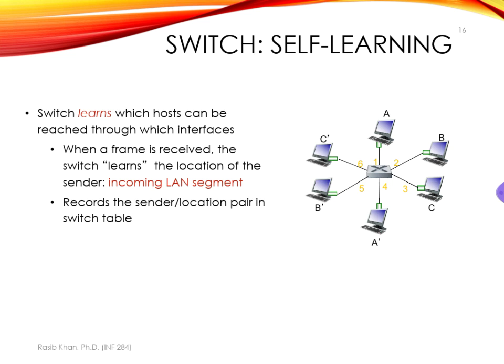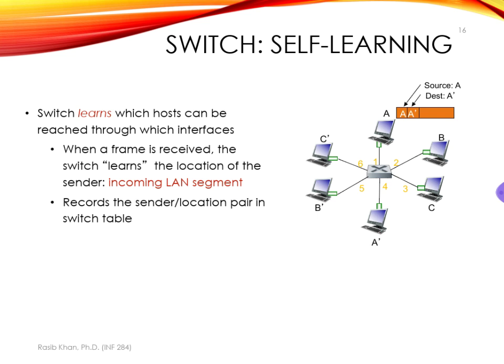The idea is that the switch learns which hosts can be reached through different interfaces, and whenever a frame is received, the switch learns this information and populates the record in the table. The record is in the format of the sender and the location pair in the switch table.